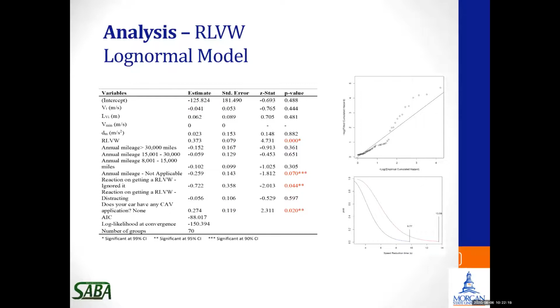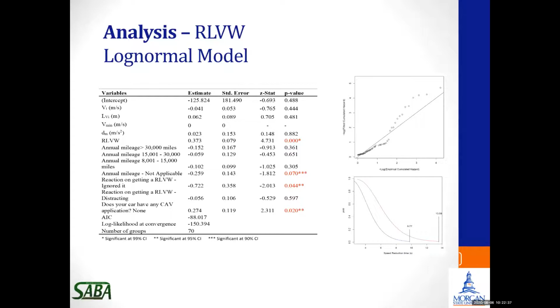And also, if you look at the survival curve, a lower survival probability was recorded for the scenario with no RLVW as compared to the scenario with the red light violation system.